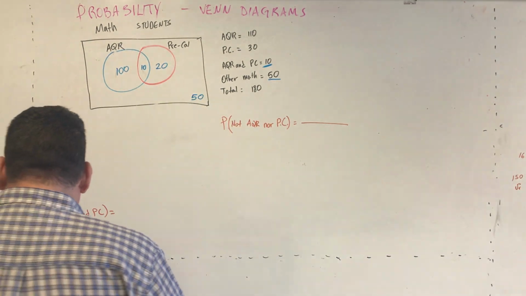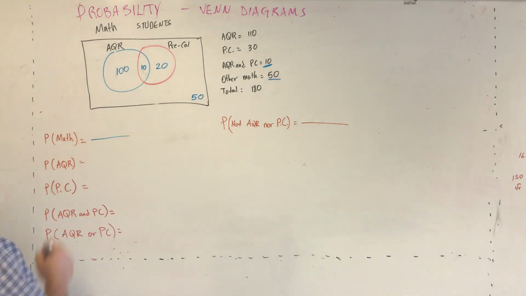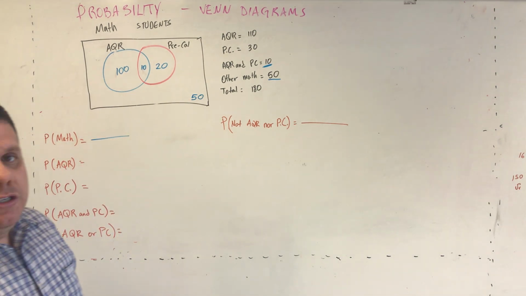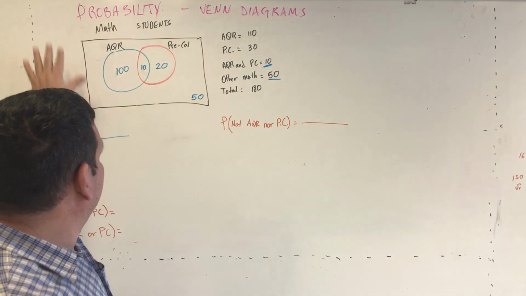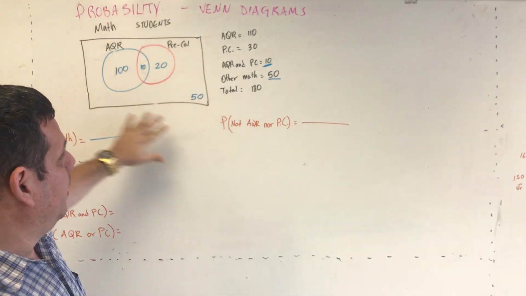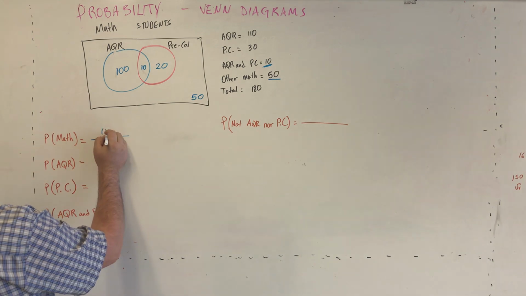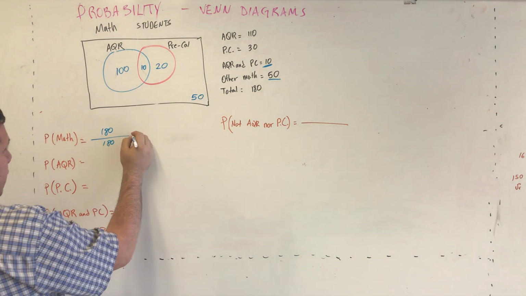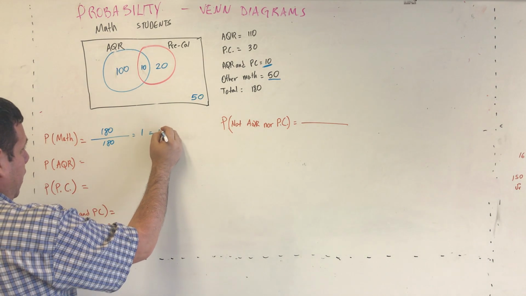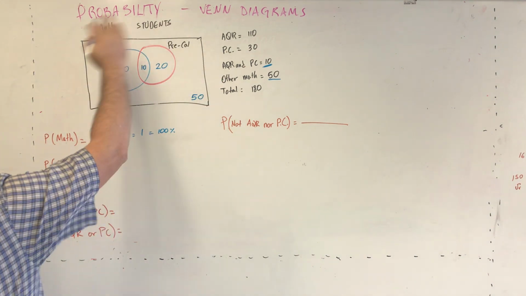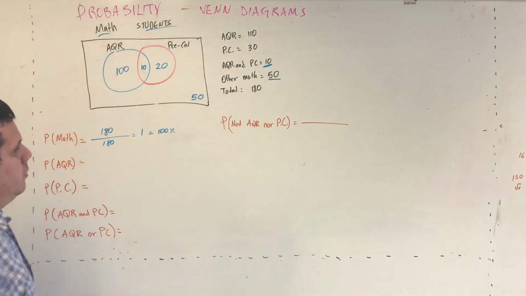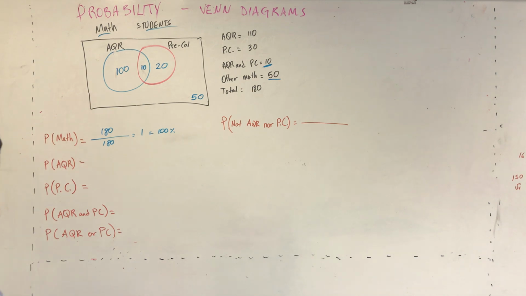So the probability of being enrolled in math. How many students do I have here? I have 180, and all of them are enrolled in a course in math. So I have 180 divided by 180, this is 1 or 100%. All these students are math students, okay? So this is the easiest.